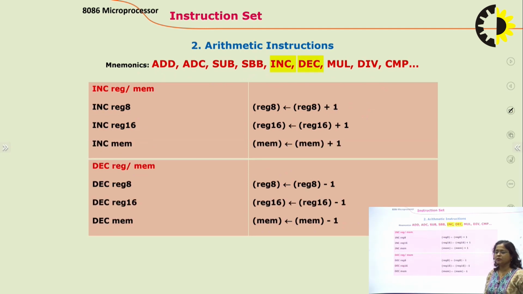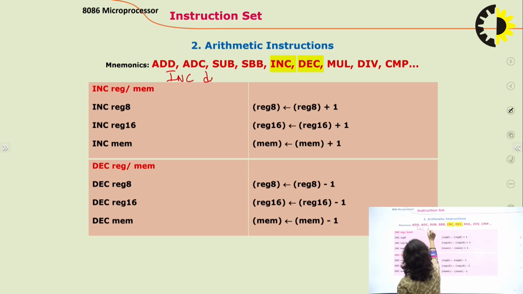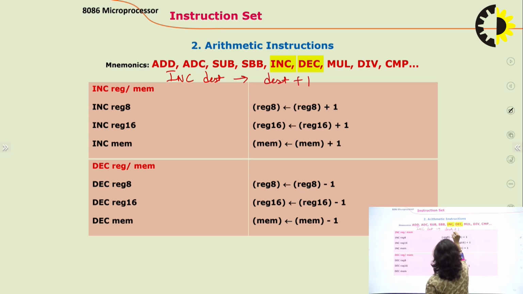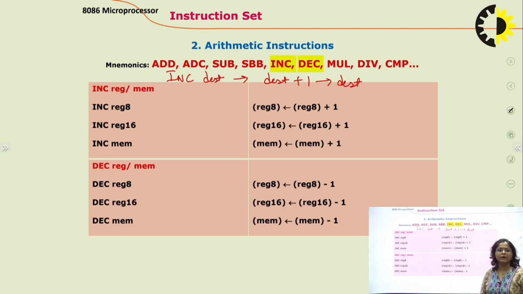Next is increment. Increment simply adds 1, so only one operand is there. INC destination adds 1 and copies it to the same location. The operand can be a register or memory location, but it can never be immediate data, because immediate data can never be a destination. So INC and DEC give plus 1 or minus 1, and the operand can be in a register or memory location.